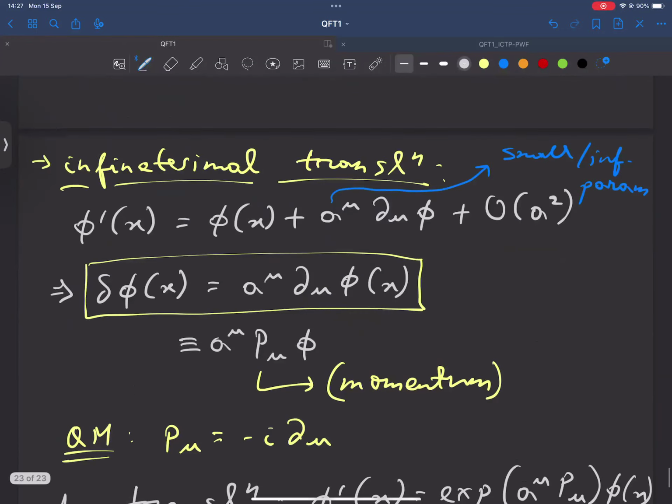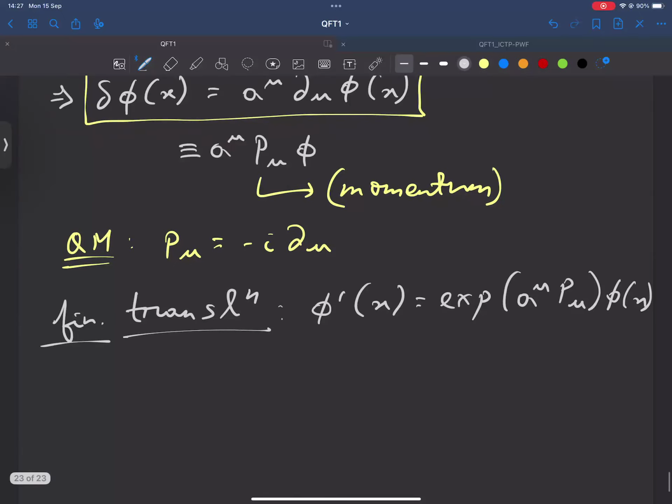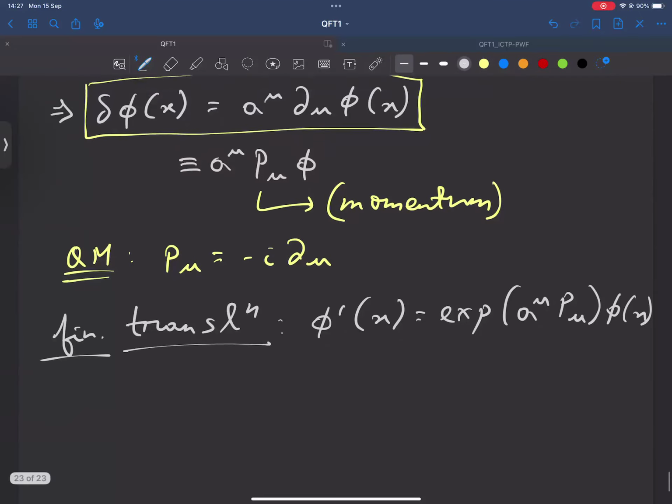For instance, here we neglected the second order pieces, but now we will consider all order terms. That's how you can go from infinitesimal to finite. This is true for any kind of continuous group transformations. Okay.